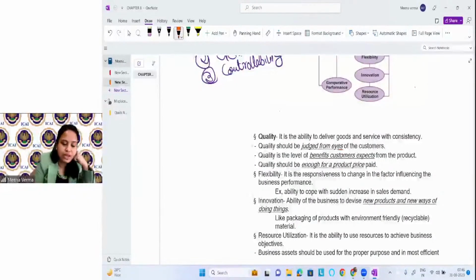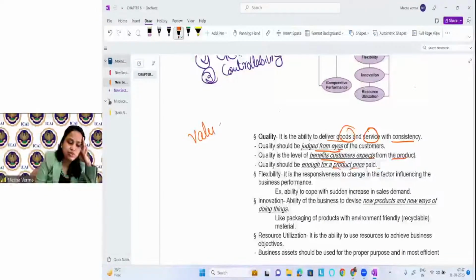Quality: the ability to deliver goods and services with consistency. Quality should be judged from the eyes of the customer. Quality is the level of benefits the customer expects from the product. Quality should be enough for the product price paid, right? So, value for money.